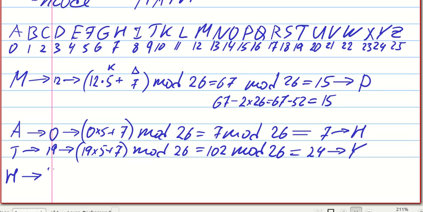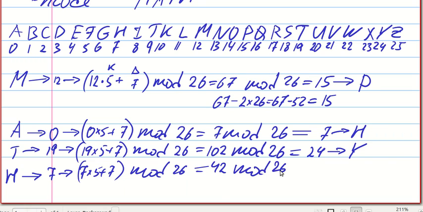And the last letter is H. H is 7. So it's 7 times 5 plus 7 mod 26. So that's 35, 42, right? 42 mod 26. So we can subtract 42 minus 1 times 26. So we're going to get 16.